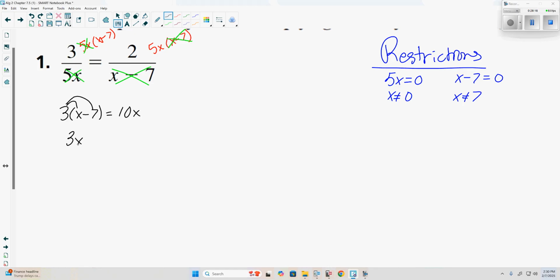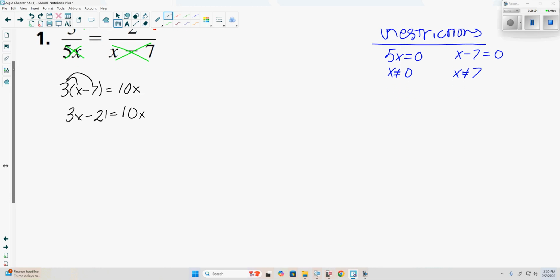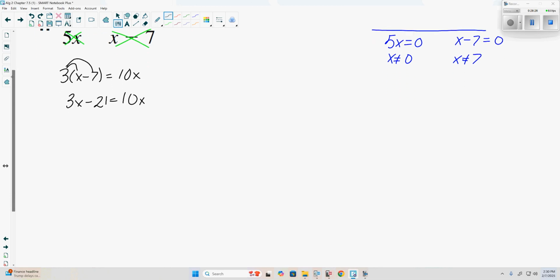Three times x is 3x. 3 times negative 7 is negative 21. Yes. We can subtract 3x from both sides, telling us that 7x is equal to negative 21.